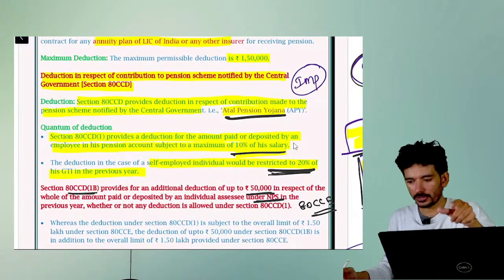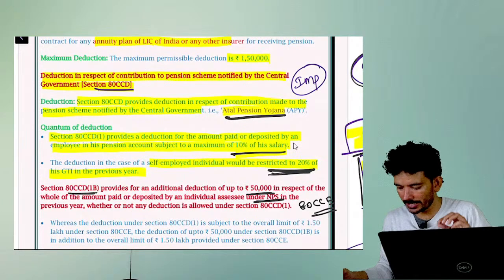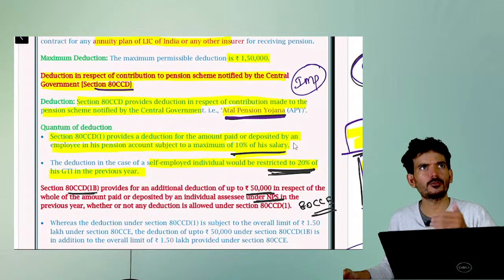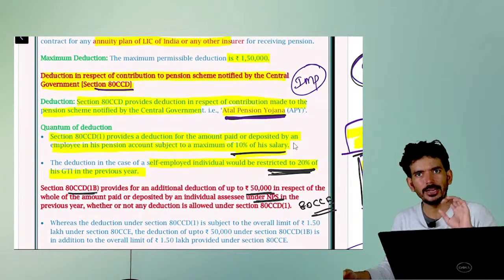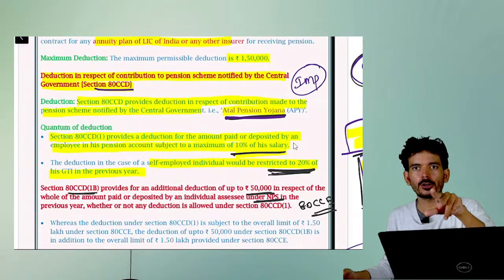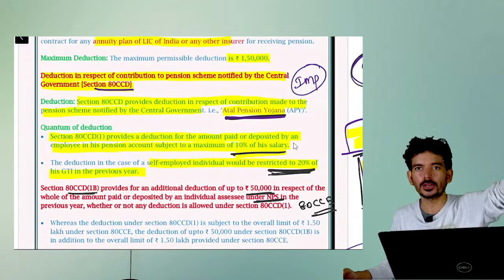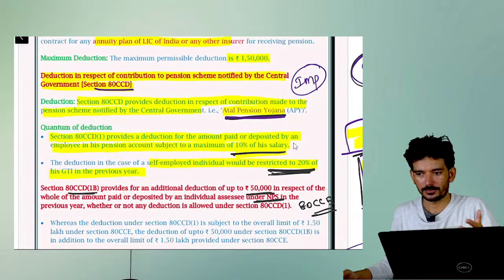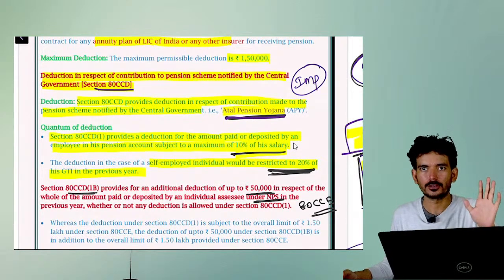If you want to do that, you can go ahead and do it under 80CCD(1), like Atal Pension Scheme or New Pension Scheme. If you are an employee, you can contribute 10% of your salary in the pension scheme. If you are a self-employed person, you can contribute 20% of the gross total income to that fund.